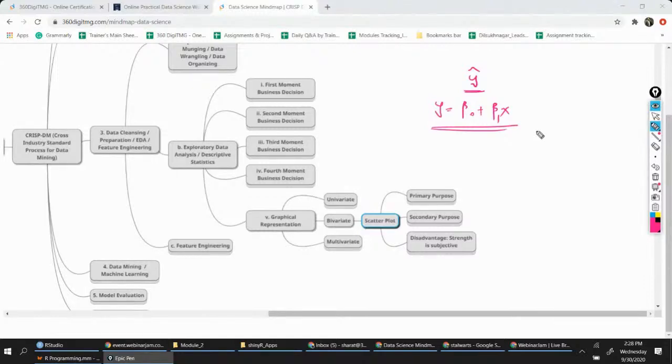If you are able to capture the variations in y using this x, then you can reach 100% of variations captured, or no variations in y captured at all. Hence we say 0 to 1 is the range of R squared.